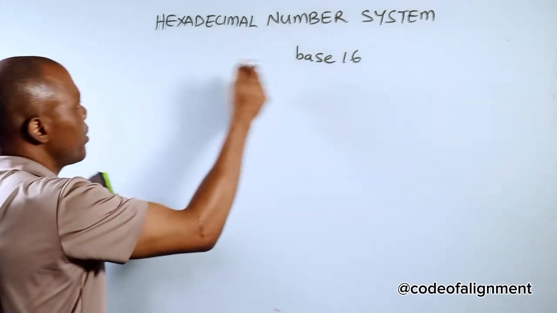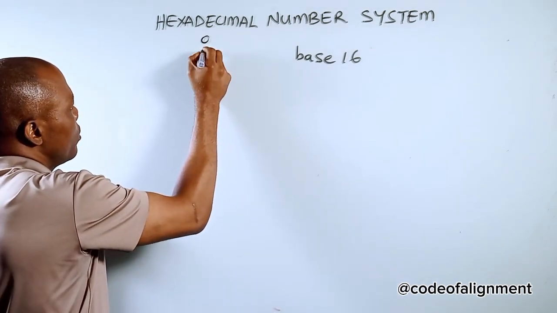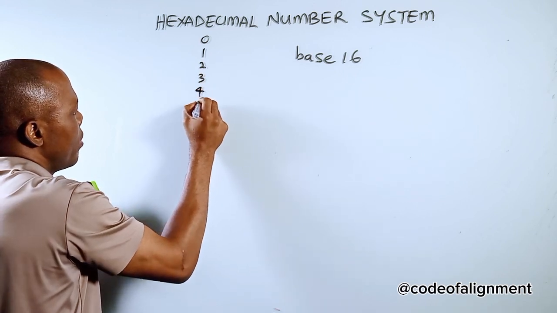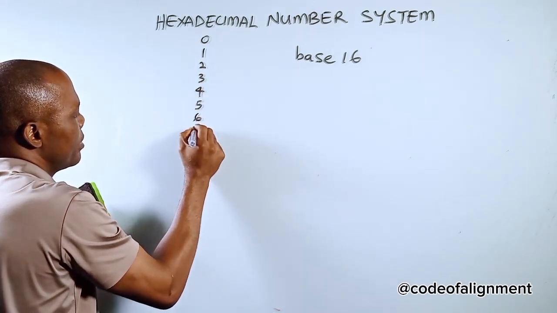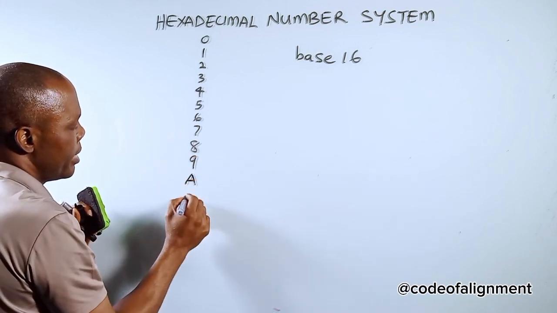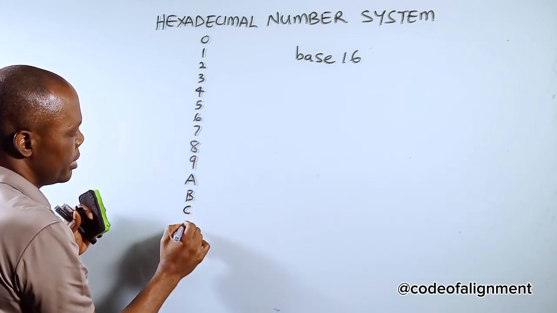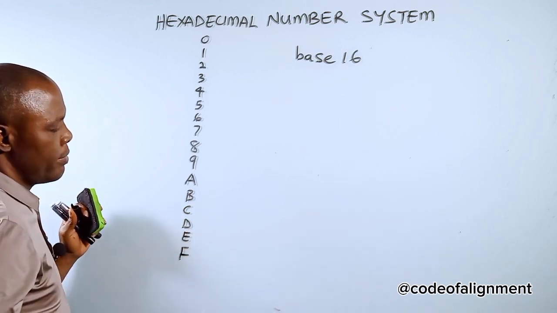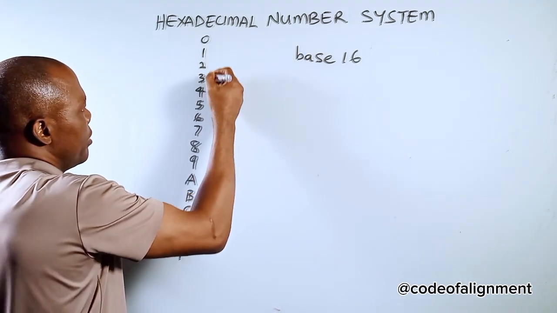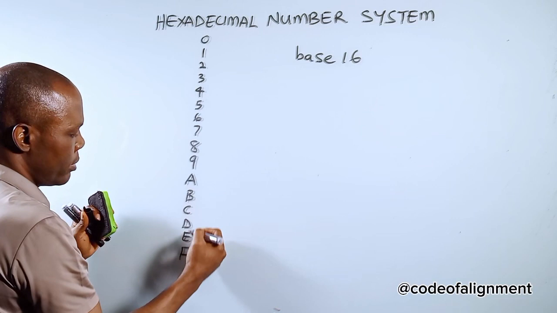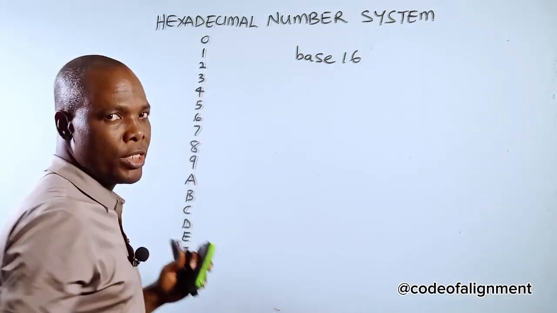The 16 symbols that we have: 0, 1, 2, 3, 4, 5, 6, 7, 8, 9, then A, B, C, D, E, and F. So 16: 1, 2, 3, 4, 5, 6, 7, 8, 9, 10, 11, 12, 13, 14, 15, 16. So we have 16 digits to play with.